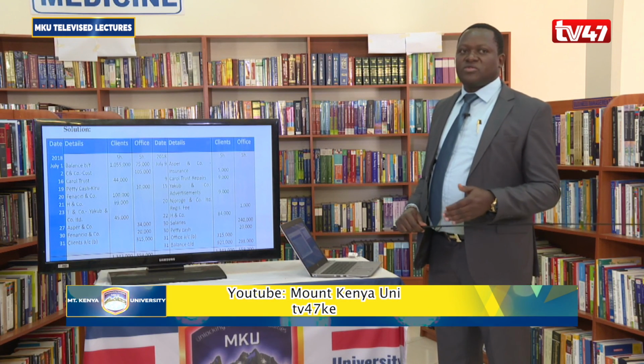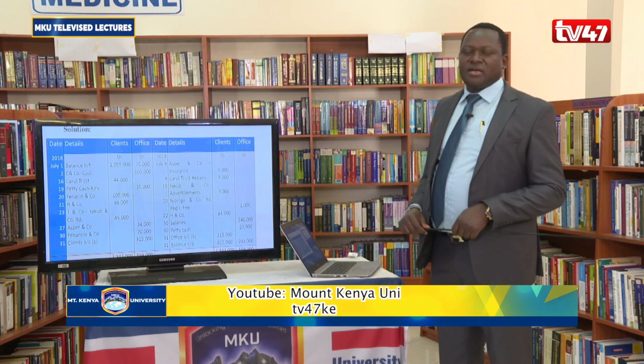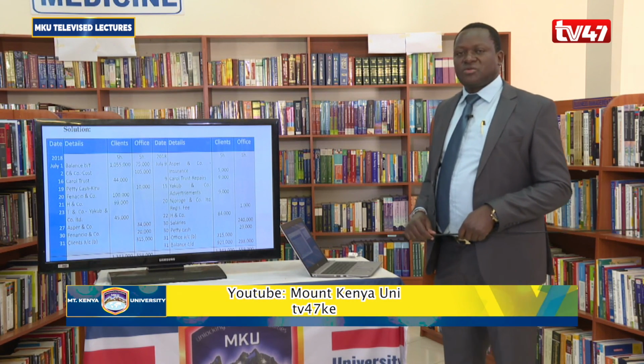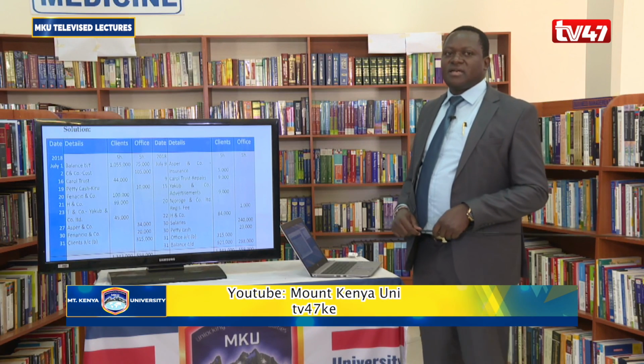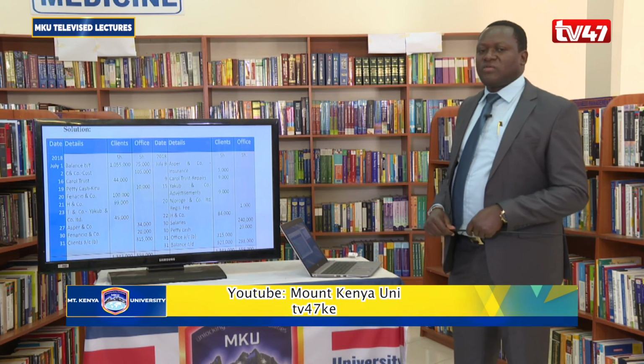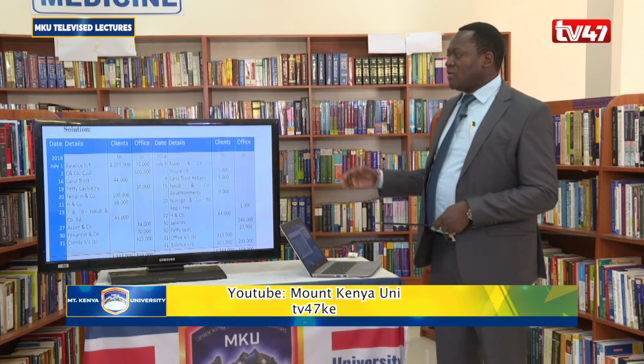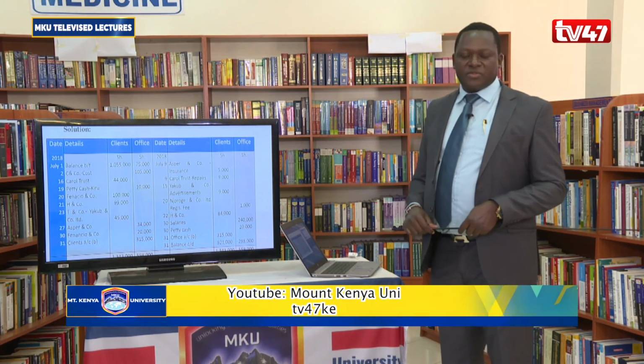So we prepare what we refer to as the income and expenditure account. Then, of course, how does the statement of financial position, or what was previously referred to as the balance sheet, look like for an advocate or for a professional firm?